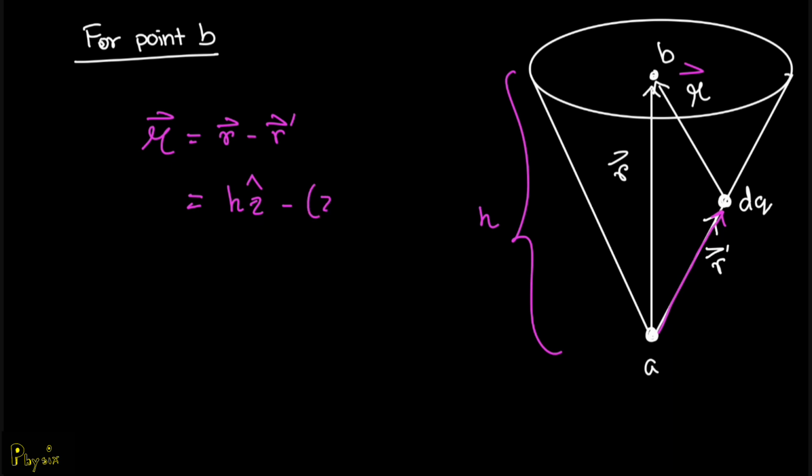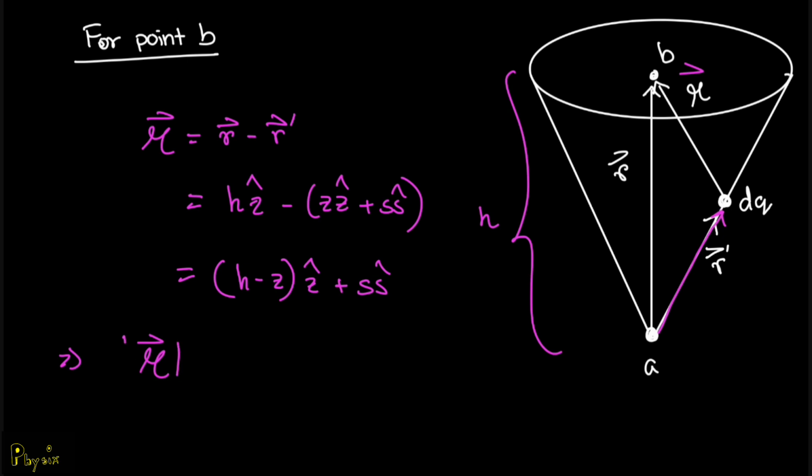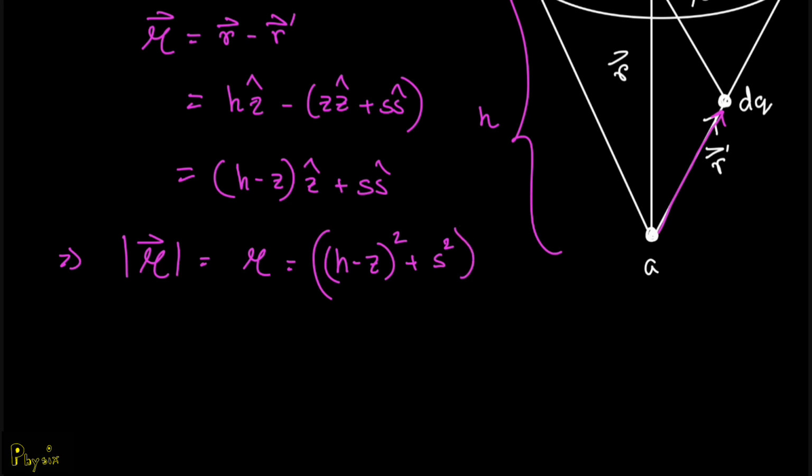So this was z hat plus s hat, and you can simplify this to look like h minus z hat plus s prime. Okay, and you can find out the magnitude to be equal to h minus z whole squared plus s squared raised to the power 1/2.